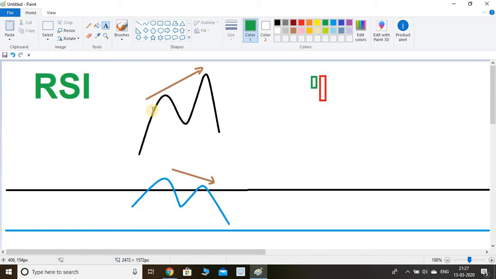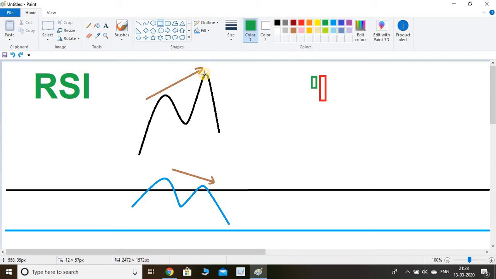Price is moving upward, makes a high, then retraces, then again price makes a new high, and suppose you are up to here. Now look at price and RSI. At this point price is making a higher high because it has broken the previous high.